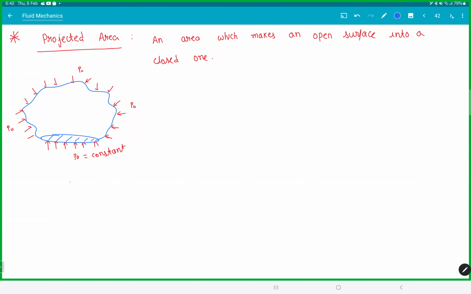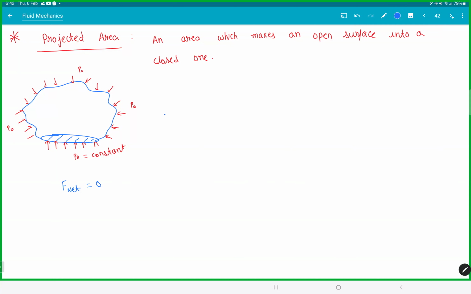You're getting it? So if you take this figure, we know the net force is zero because the pressure is acting in all directions. It cancels out. Does everyone agree with this statement? If you take any random closed surface, it is an equilibrium. That means net force is zero.